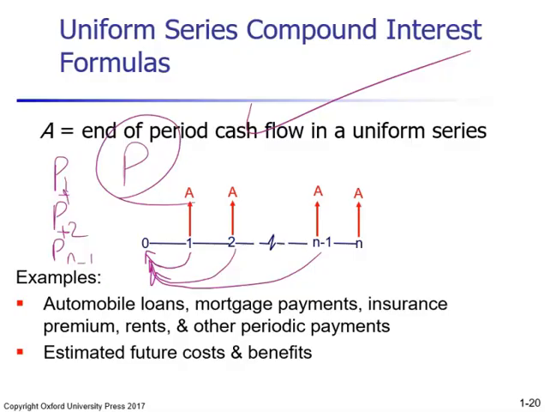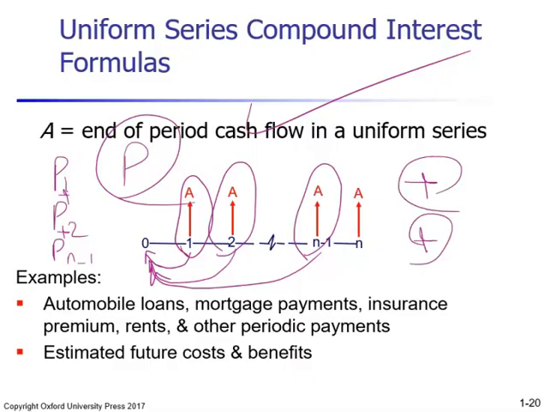That's the reason we want to make it easier, because if you want to take that approach that calculate the present value or future value of these individual payments, and at the end you sum them all up, it takes so much time. So it's better for us to come up with some straight and direct formula. And as you can see, estimated future cost and benefit.